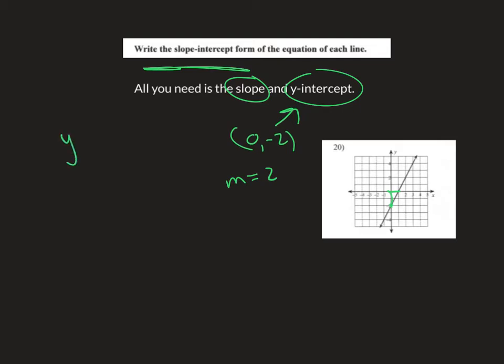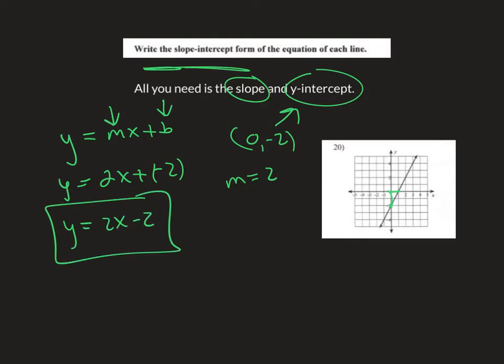So now I say y is equal to mx plus b, where I should have numbers for m and b. y equals, my slope is 2x plus negative 2, or y equals 2x minus 2. And that's my slope-intercept form of the equation of that line.